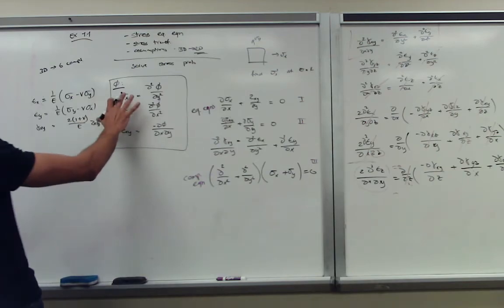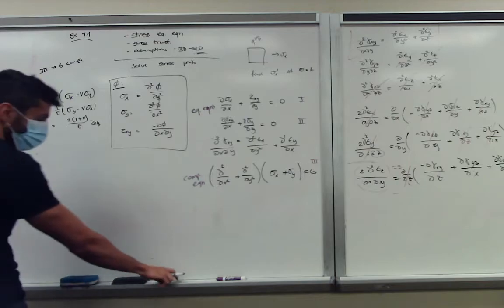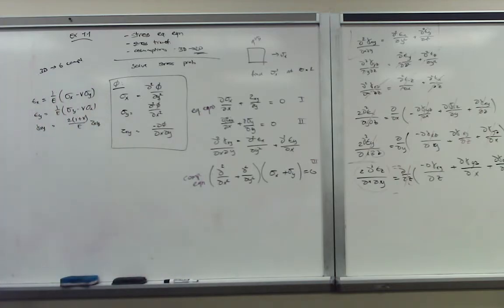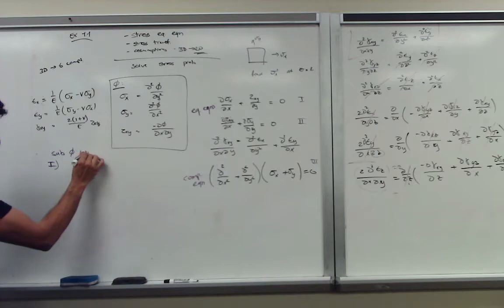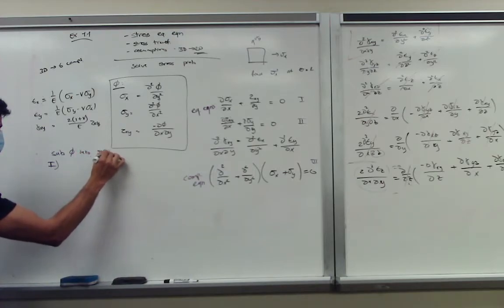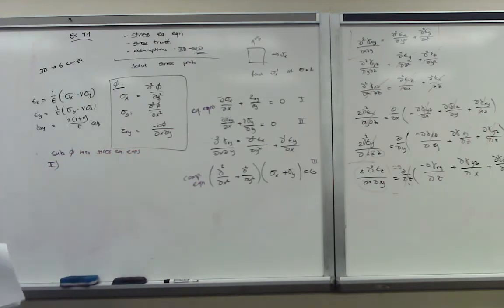And now let's plug these conditions into our stress equations and see what happens. So we substitute our phi into our stress equilibrium equations. Okay, so 1 and 2 give us the following.